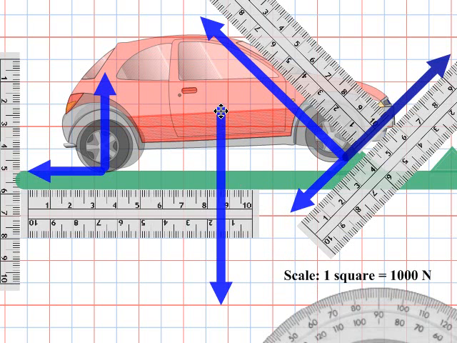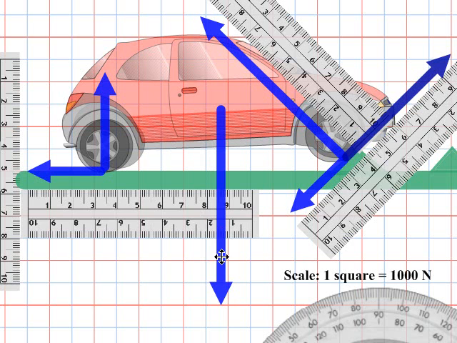Here's the weight, and of course you do have the rulers on the sides. And so here, for example, it says, okay, from 2 to 10, but then there's an additional square, so that's 2 to 10 is 8, plus that 1 is 9, so the weight is 9,000 newtons. Makes sense, of course, because the mass is 900 kilograms, then the weight is 9,000 newtons.